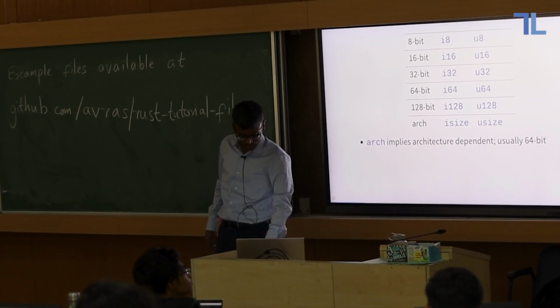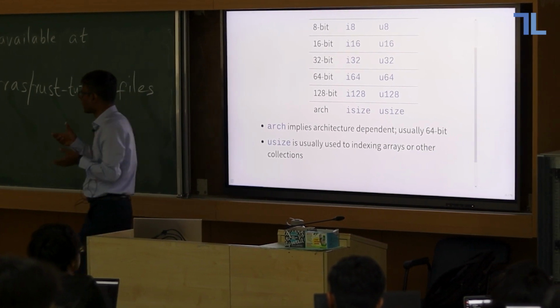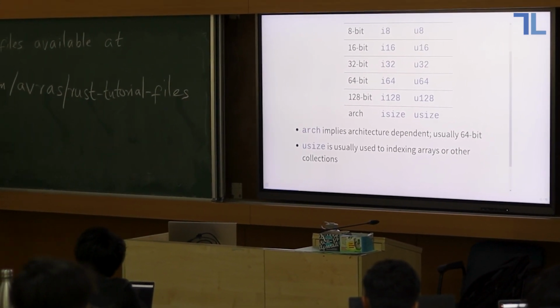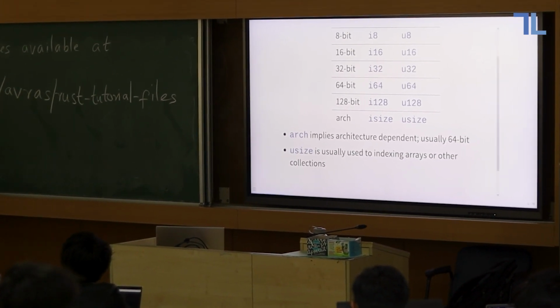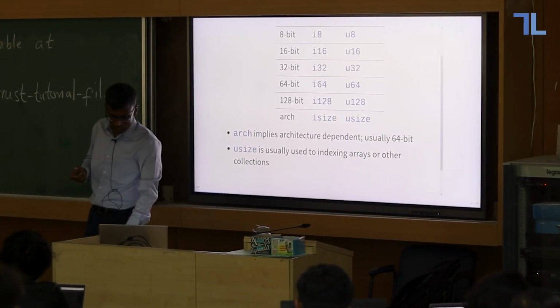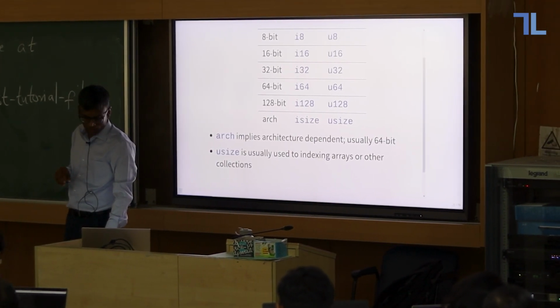What is usize? Typically it's the size of a pointer. So it is usually used for indexing arrays or other collections. If you have an array, which I will describe later, then the index into the array has to be a usize. So if it is some other integer, then you have to convert it to a usize before you index into an array using that integer.